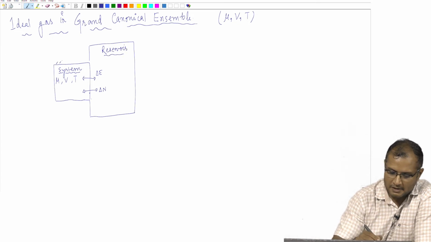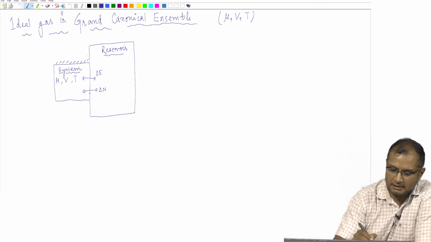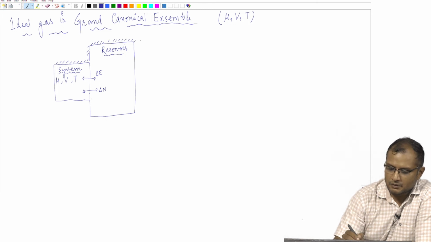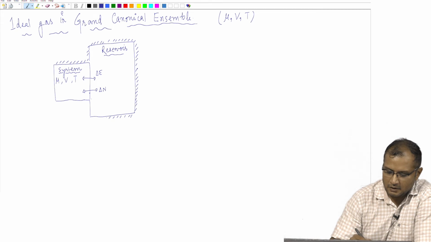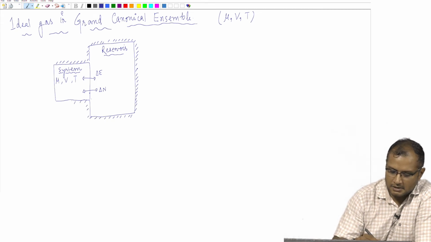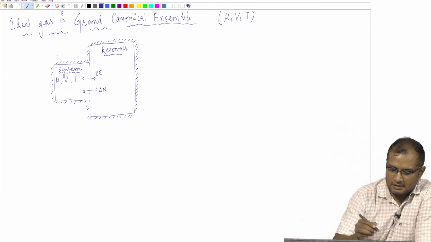The joint system is now both mechanically and thermally shielded from the universe. So, the joint system exists in a microcanonical ensemble, in the sense that there cannot be any exchange of particles or energy with the universe.